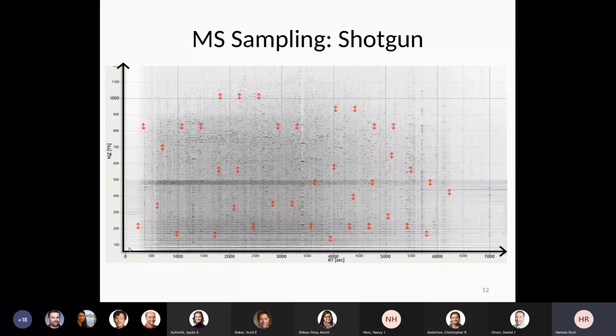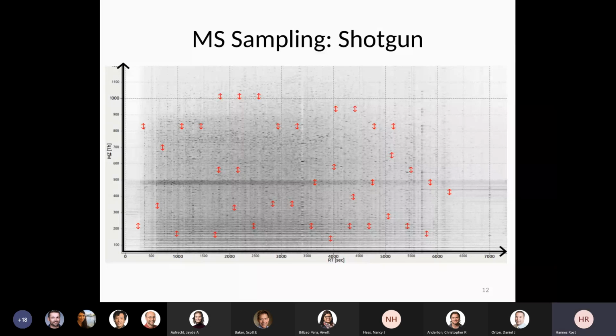And we would then simply sample each of these pixels, starting with the first one at the bottom here, let's say starting with 400 to 425 mass to charge, then move on to the next pixel, sample all the analytes in that pixel, fragment them together, and produce a fragment ion spectrum of all of the analytes that were co-fragmented in that mass to charge range.